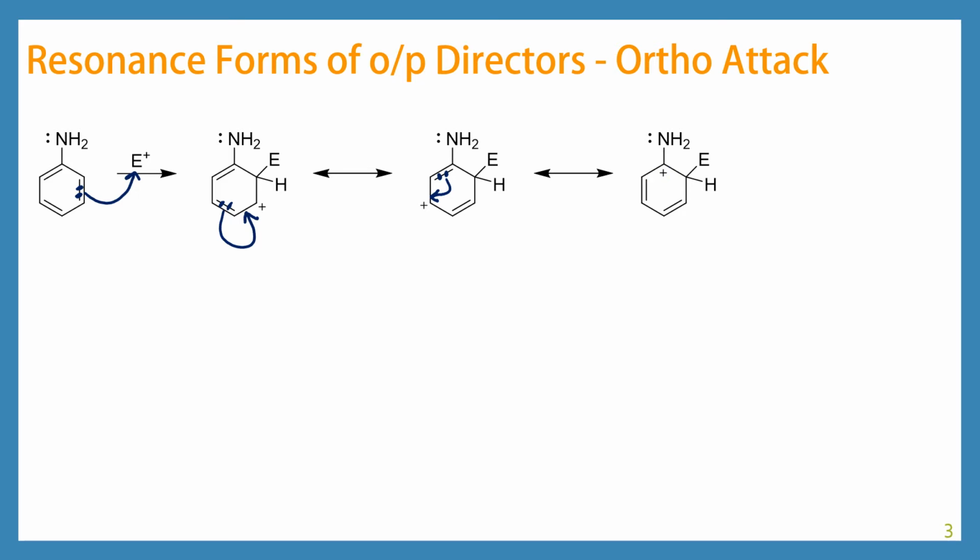This is actually a really good thing because it shows us that there is a resonance form here with the nitrogen and the carbon below it, where we can delocalize the positive charge onto the nitrogen atom. Since the amine lone pair is able to contribute to the resonance forms, that's going to be more stabilizing. You can see very similar resonance forms for the para attack, which would be a really good practice problem for you to do yourself.